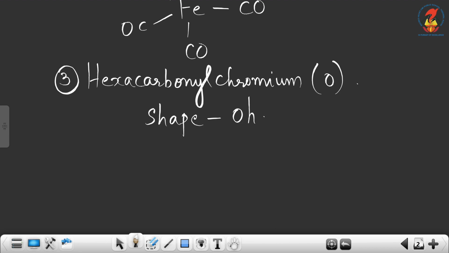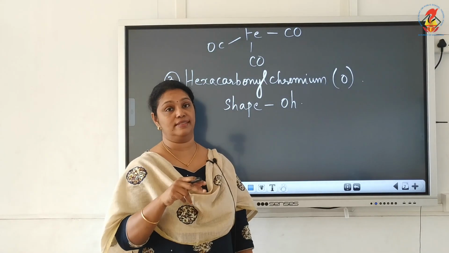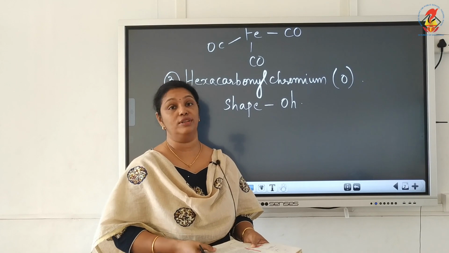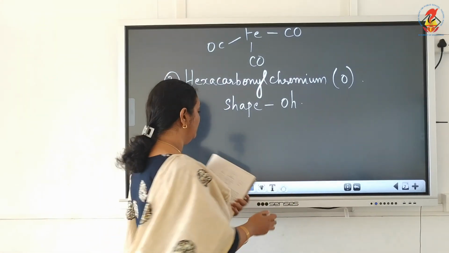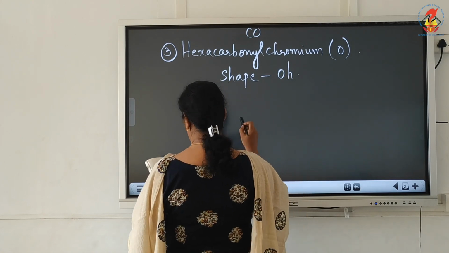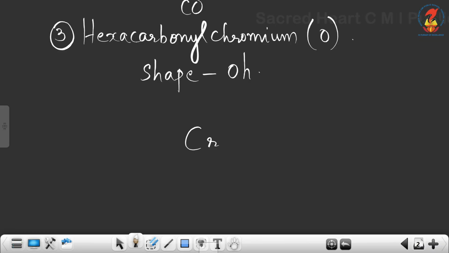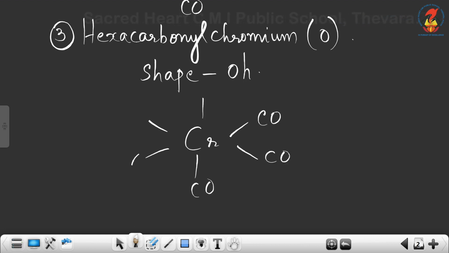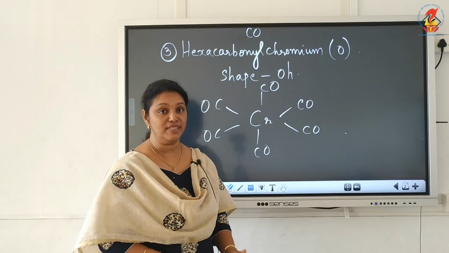Hexa means 6 CO groups, which makes it octahedral in shape. When we draw the octahedral shape, chromium is at the center and we have 6 CO groups attached to chromium in octahedral geometry. So this is the shape of hexacarbonyl chromium(0).